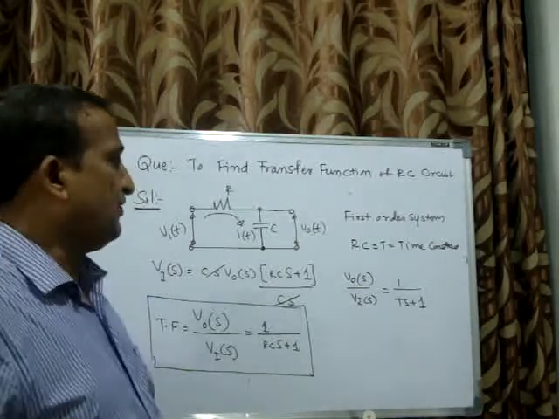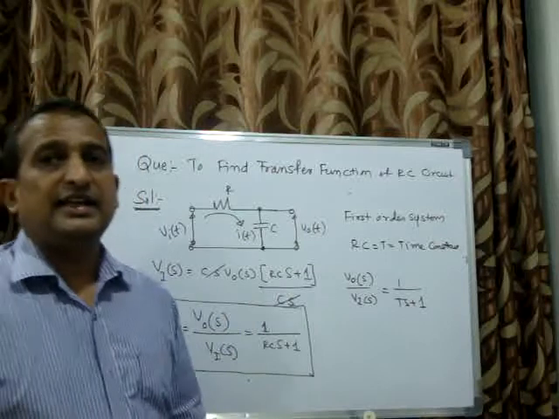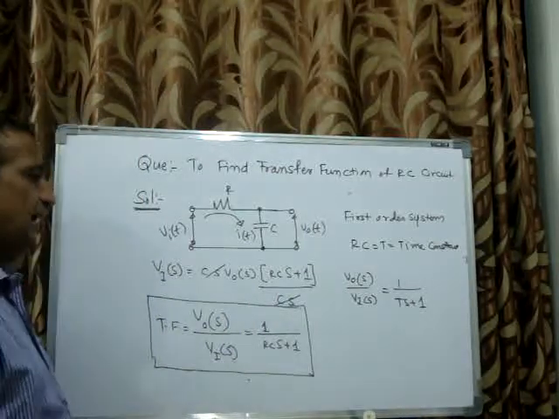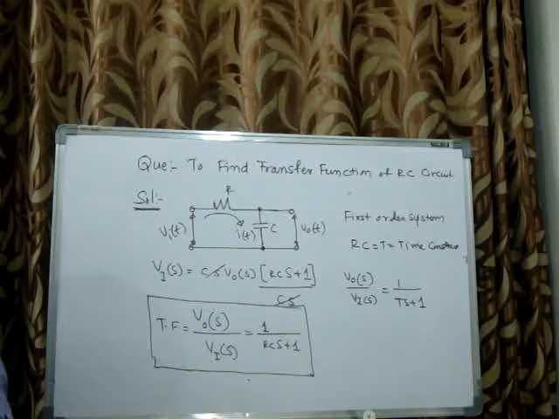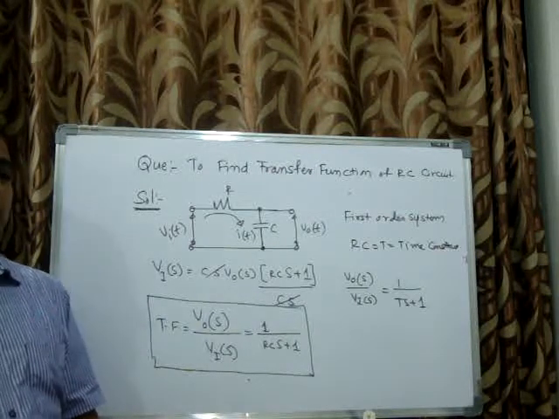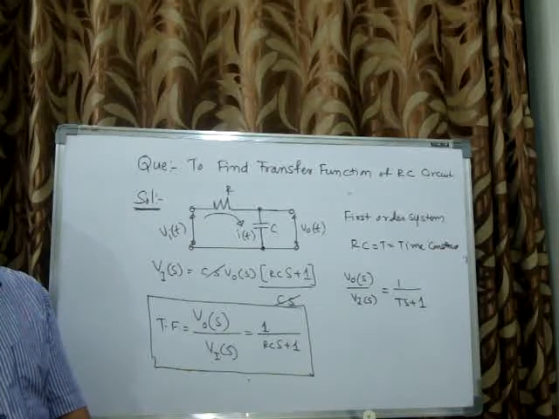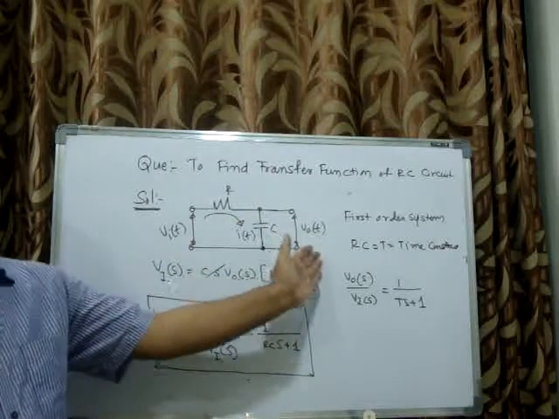Like this, the water tank system is a first order system, and RLC circuits are there. There are many, and some are electromechanical systems where input is electrical and output is mechanical. Here it is electrical input, electrical output.